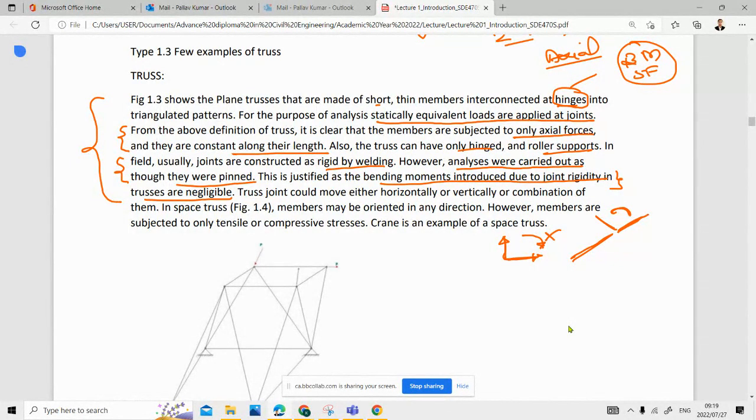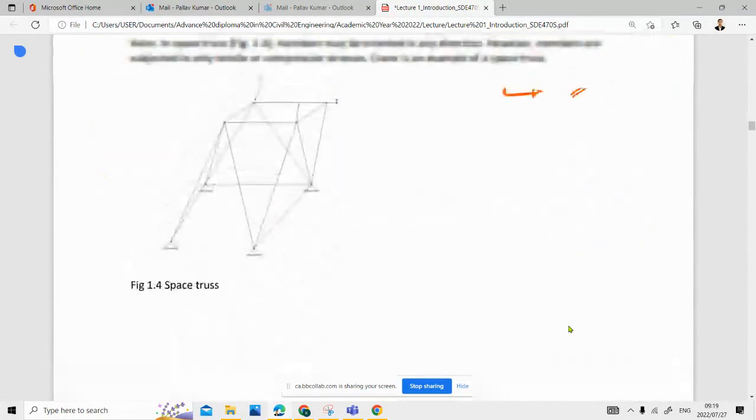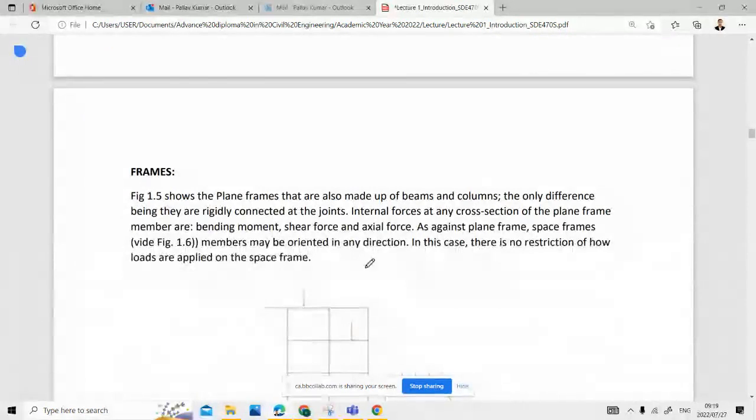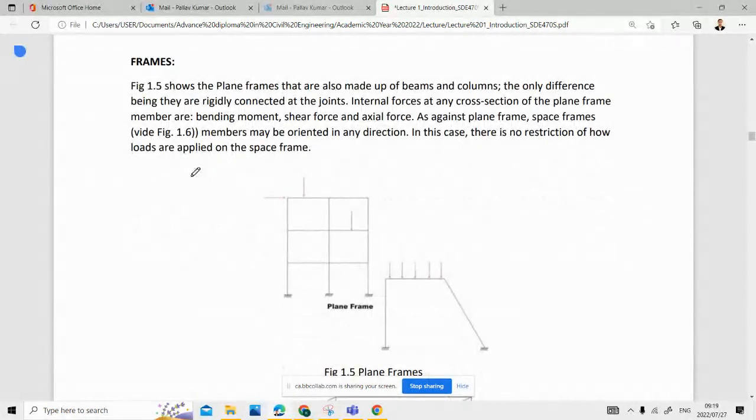Further, they are also explaining the space truss and how a member is subjected to only tensile or compressive force. A crane is an example of a space truss. If you see any crane, it is made of truss arrangement, right? So you can read this. I try to make many things more clear to you.